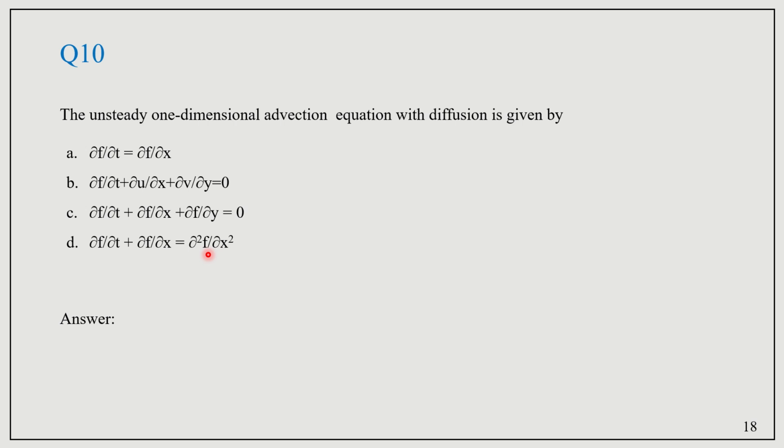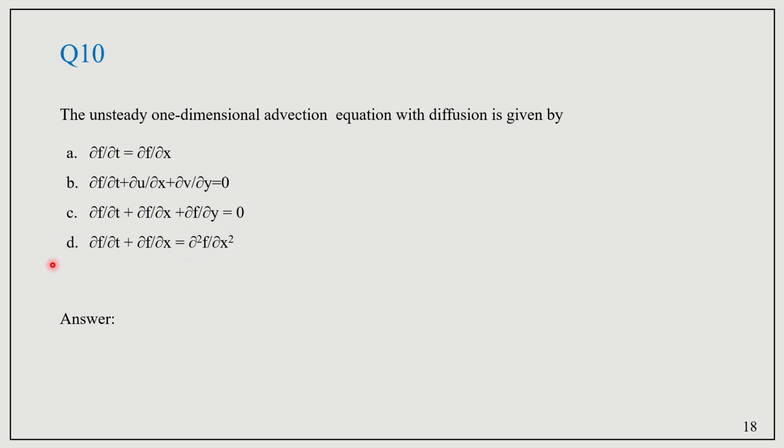So f here is some generic term. It can be u, it can be T, whatever. Here we have the unsteady one dimensional equation, so it is dou f by dou t plus dou f by dou x equal to dou square f by dou x square. It is unsteady, and it has advection, that is dou f by dou x, like we have in dou u by dou x, right? And dou square f by dou x square is the diffusion term.